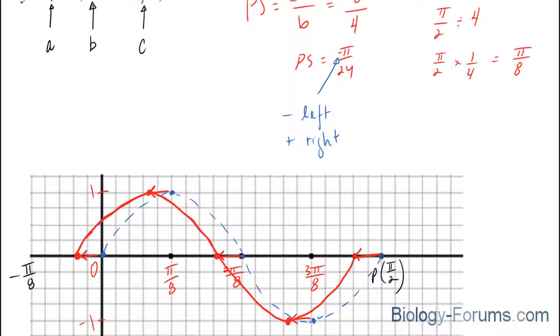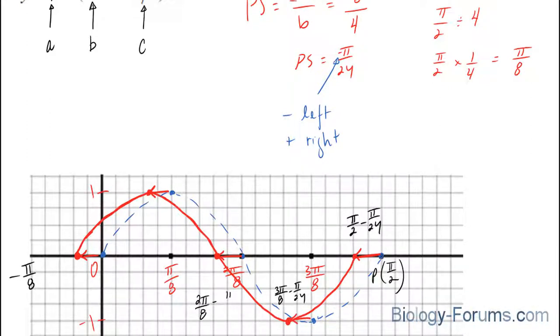Now your teacher might want you to give these exact points, and that's not really hard to do. To find out what this point is, you would subtract pi over 24 from this number right here, 2 pi over 8.